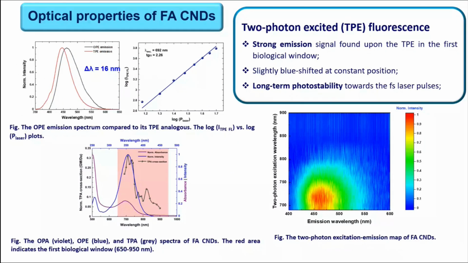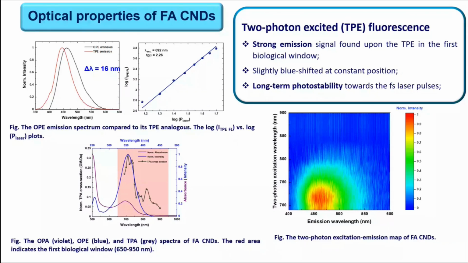Again, we were able to excite those nanoparticles with 1 and 2 photon excitation, and we've seen strong emission in the first biological window. They are slightly blue shifted at the constant position, and they showed long-term photostability even under the femtosecond laser pulses.